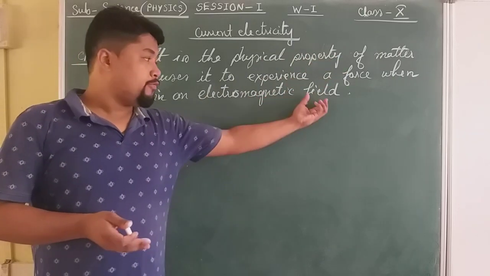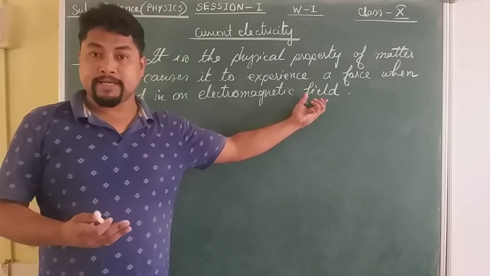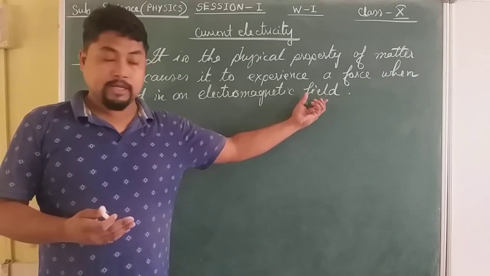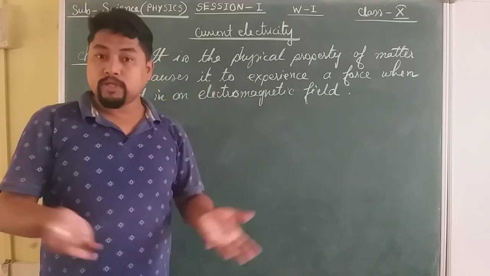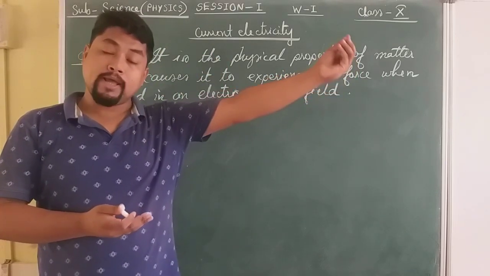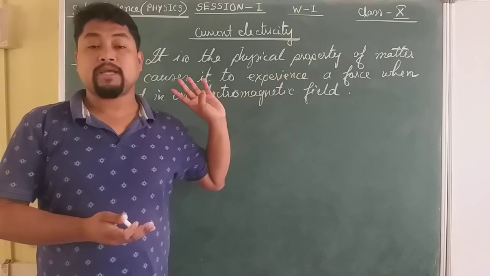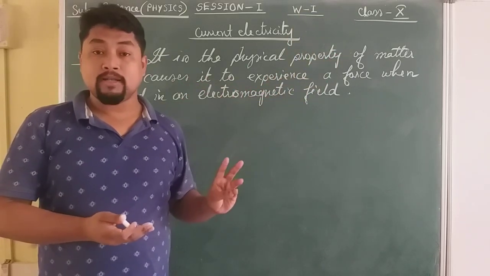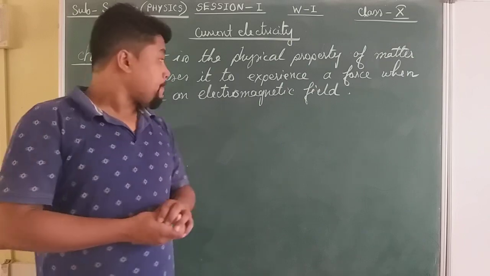Similarly, magnetic field is the space around a magnet in which it would experience a force on a magnetic material like iron, cobalt, nickel, etc.